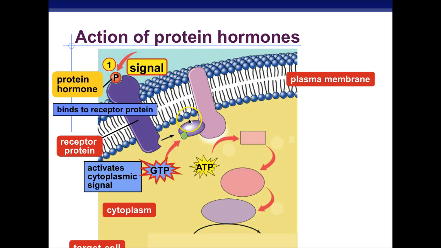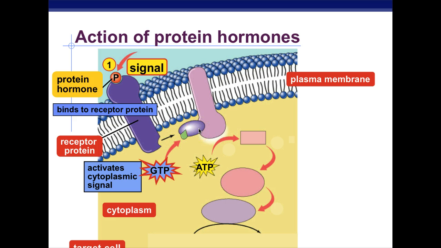So this is a molecule called GTP. We'll talk about it a little bit later, but basically GTP is the exact same thing as ATP. So remember, ATP is adenosine triphosphate. GTP, same thing, but instead of adenine as the nitrogenous base, it's guanine. So we're just going to actually transfer a phosphate group from GTP, which activates this protein.